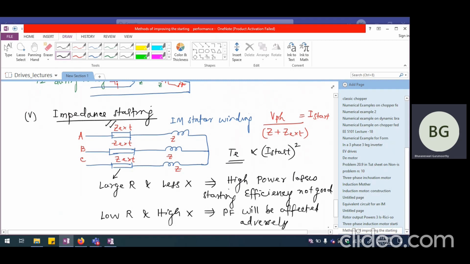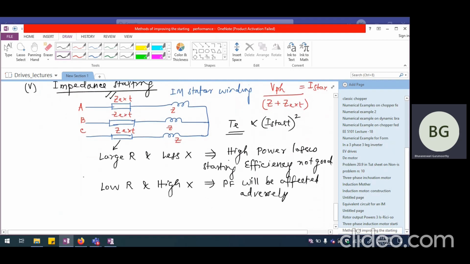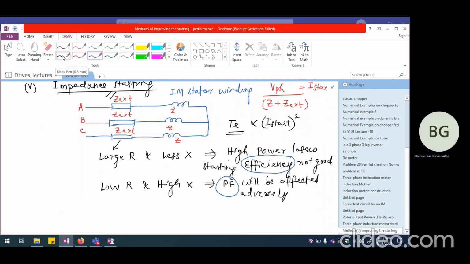So generally impedance starting in many cases may be employed with moderate values of resistance as well as moderate values of reactance, so that neither power factor nor efficiency is affected very adversely. So impedance starting is commonly used again in high capacity induction motors, generally to ensure that the starting current drawn is not extremely large. But of course, starting torque is going to be reduced as well.